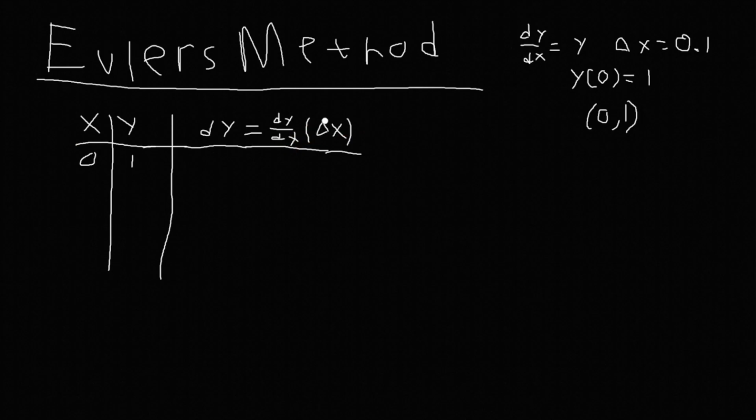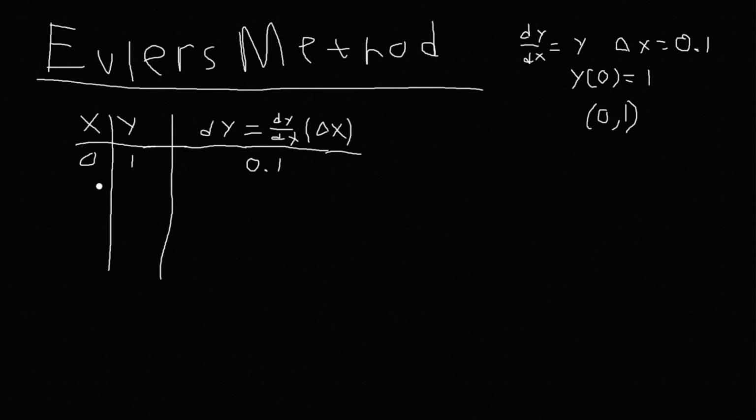And this is what calculus is, getting this delta x as close to 0 as possible. But let's continue on. So our dy is 1 times 0.1, so that's 0.1.